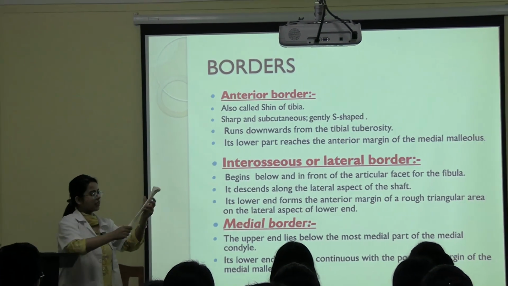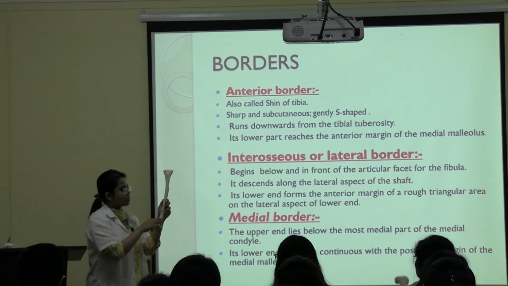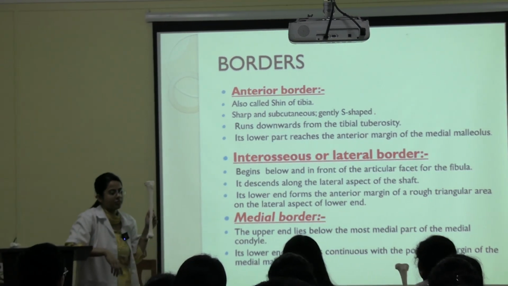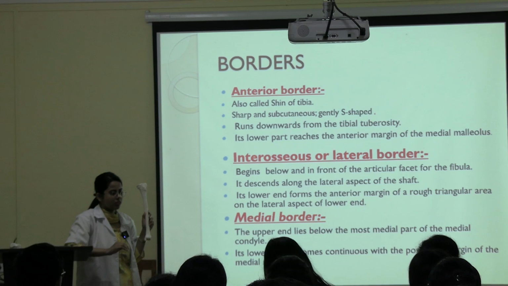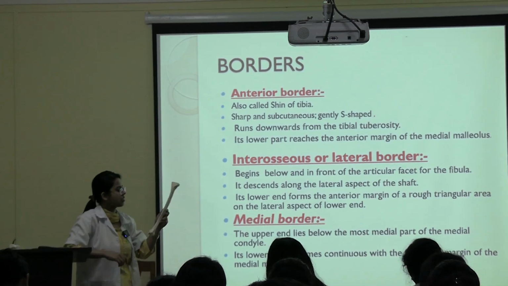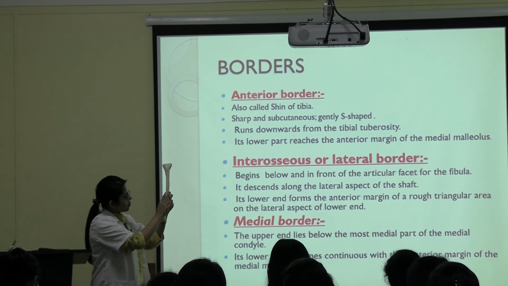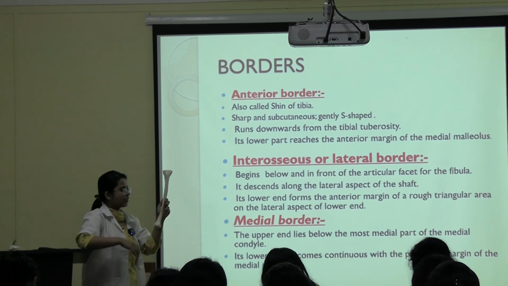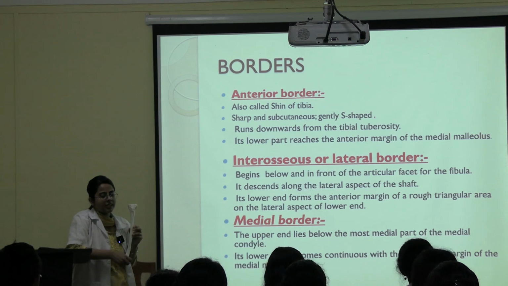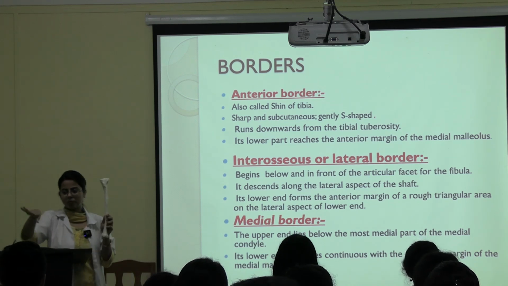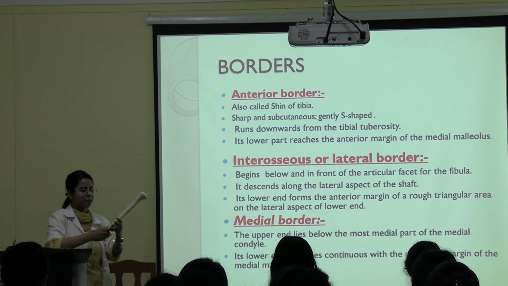Now you can see the anterior border is also known as the shin of tibia. You can also feel it in your leg. This is the sharpest border, okay. This is S shaped. As you can see, this is S shaped, okay. It is known as shin of tibia. It is the sharpest border. You people can see? Yes, ma'am. Okay.